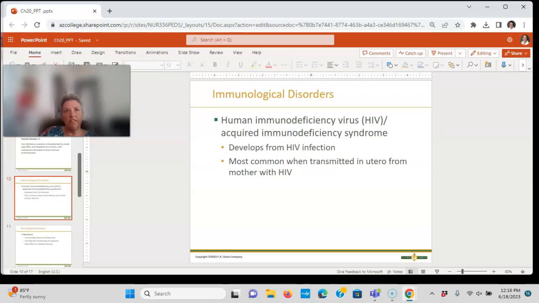So assessment, lymphedema, mucocutaneous eruptions in the mouth, failure to thrive, delayed development, hepatosplenomegaly, oral candidiasis, recurrent diarrhea, blood spot test. We'll also do the ELISA and the Western blot.